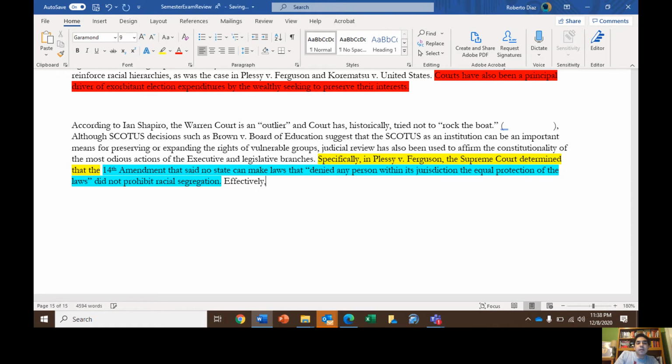Effectively, the court's interpretation of the Equal Protection Clause gave a green light to racial segregation.